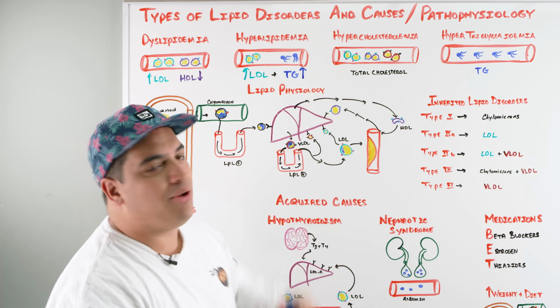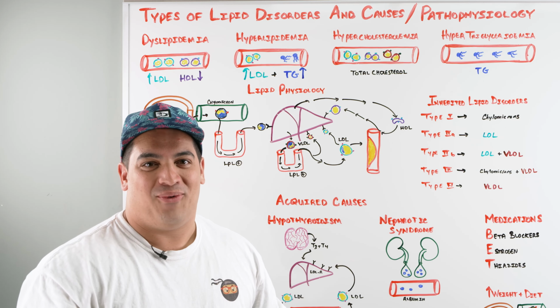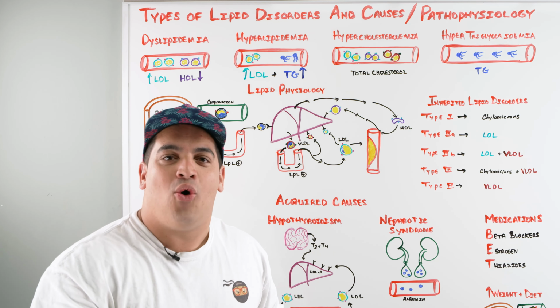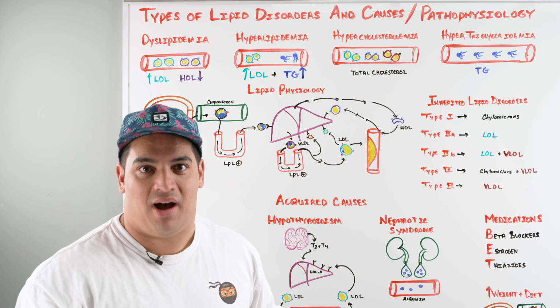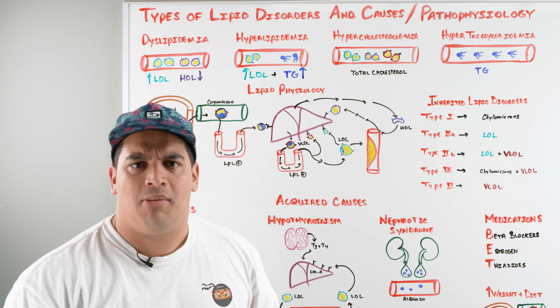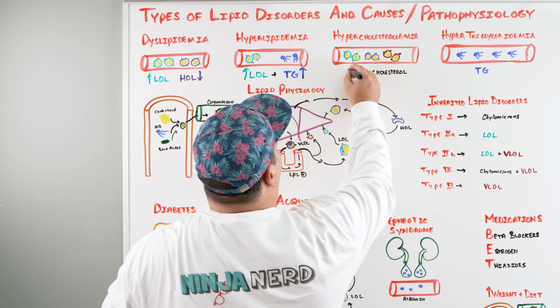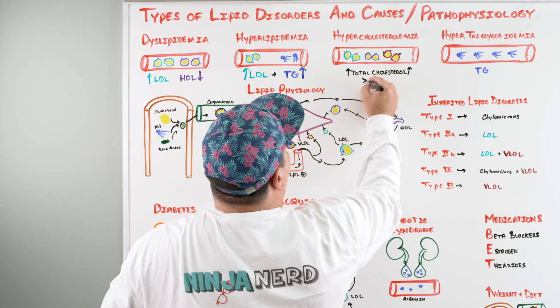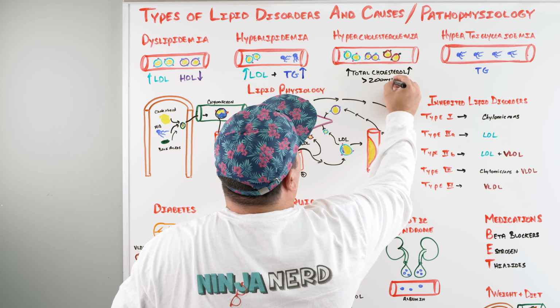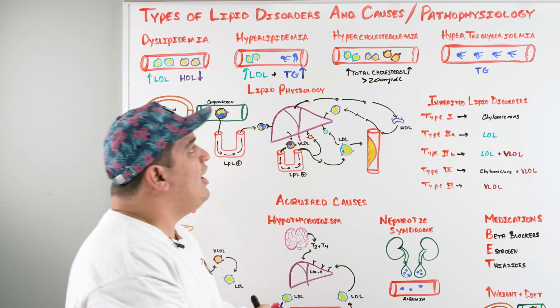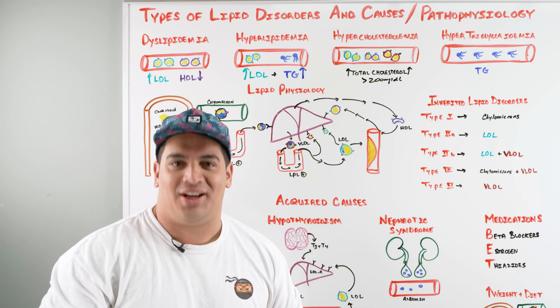The next one is hypercholesterolemia. That's pretty straightforward. It's an increased total concentration of cholesterol molecules. Generally, we say the total cholesterol is high when it's greater than 200 milligrams per dL, and we consider that to be hypercholesterolemia.